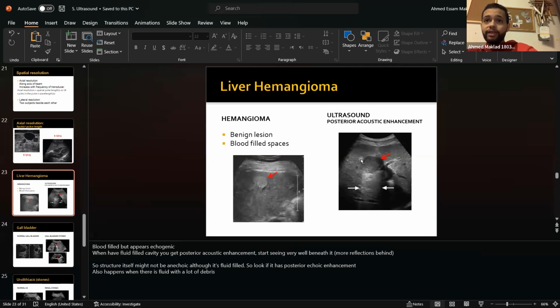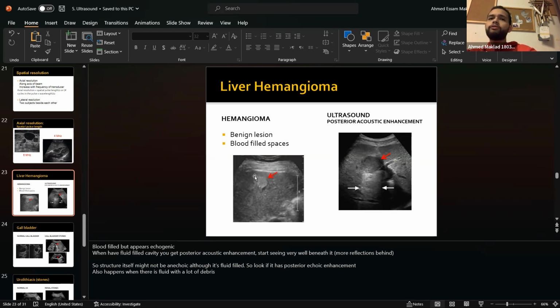So this tells you that this area is filled with fluid. When it enhances, when it becomes brighter, that's how you know that this cavity, or this mass, has fluid inside it. Was this clear? Okay, and this is what we call posterior enhancement.